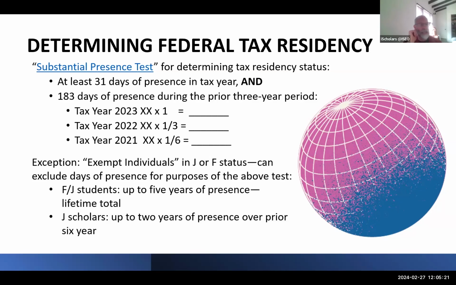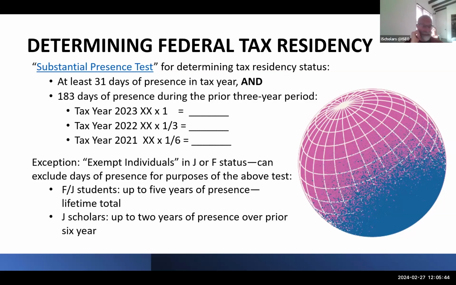So we're just looking at all of your activity between January 1st and December 31st of 2023. So if you were present for 31 days in 2023, then you've met the first requirement for meeting the substantial presence test.